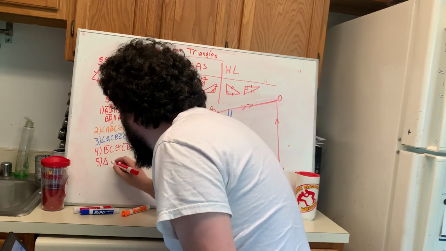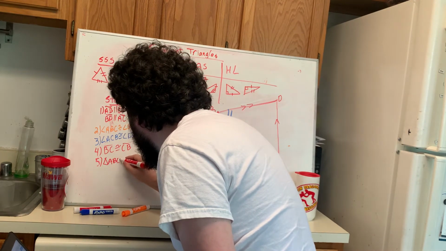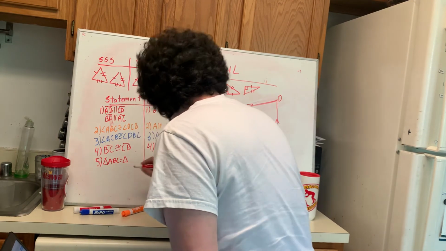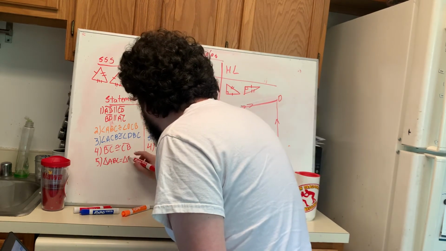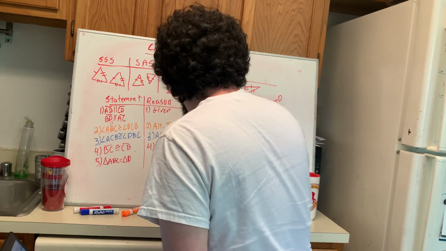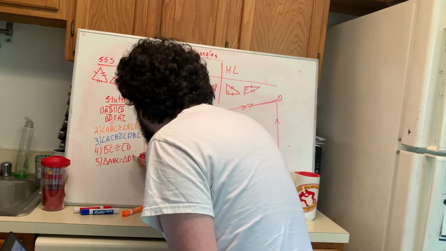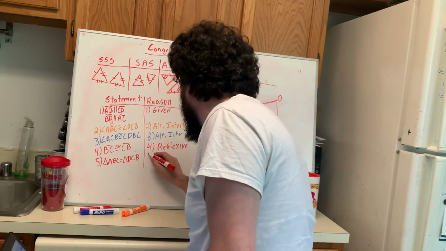So for my last statement, I could say triangle ABC is congruent to, let's see, A lines up with D. In this triangle, B actually lines up with C and vice versa.